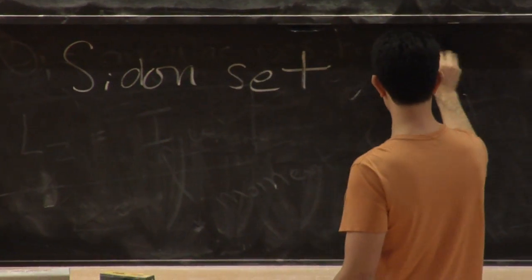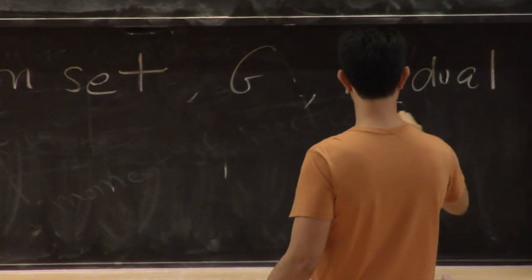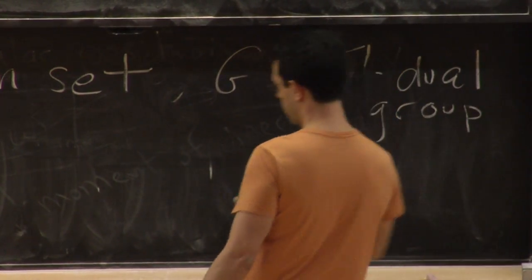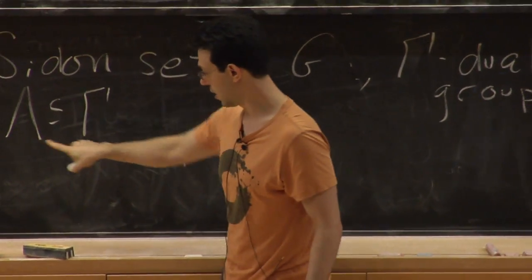So you have a group G, gamma is the dual group, and you have lambda, some subset of it, so these are characters.